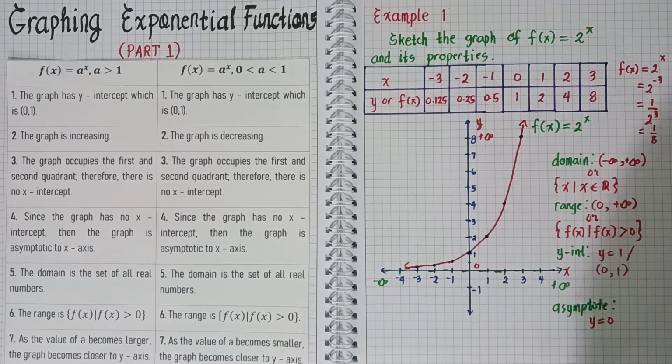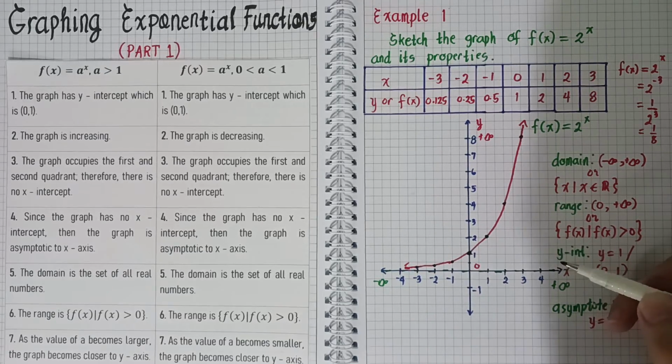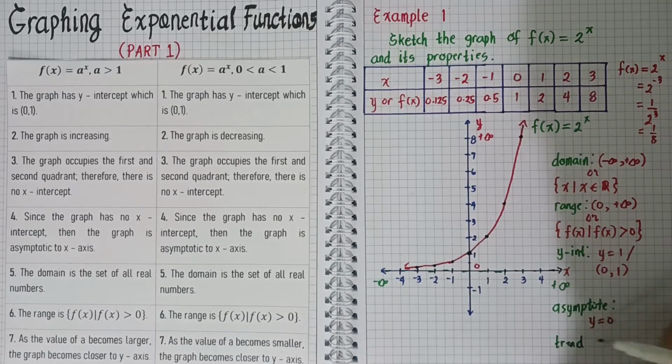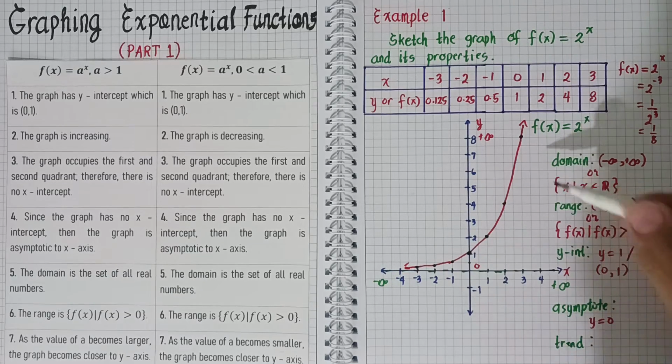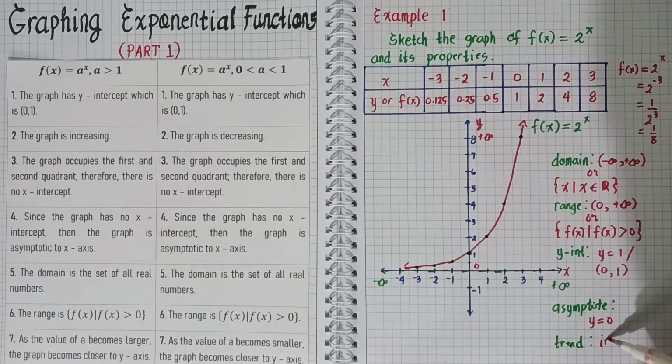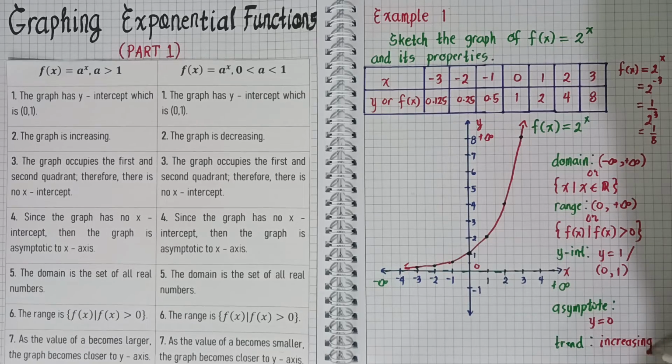Okay. And then, another idea or property. So, what is our trend? Meron ba kayo napansin sa graph? Okay, very good. Yung trend natin dyan ay increasing. So, increasing or decreasing lang dyan sa trend natin.